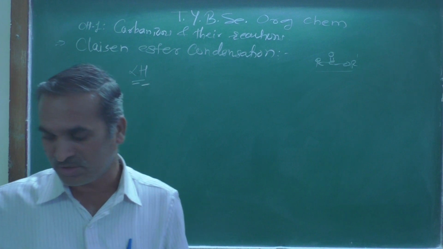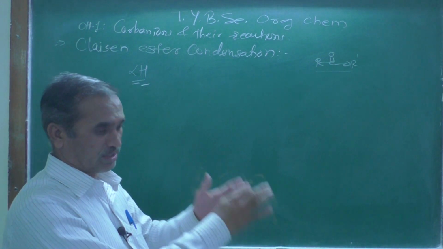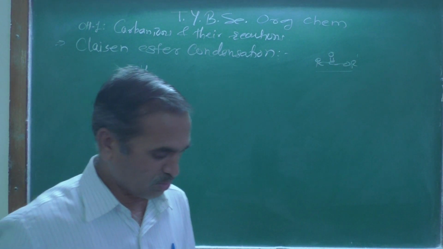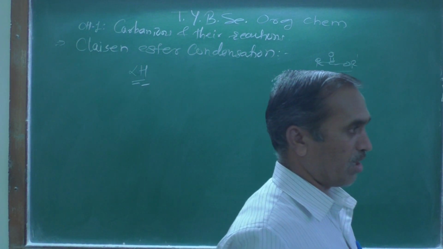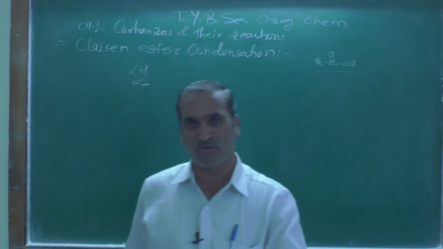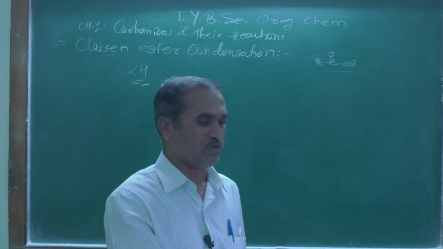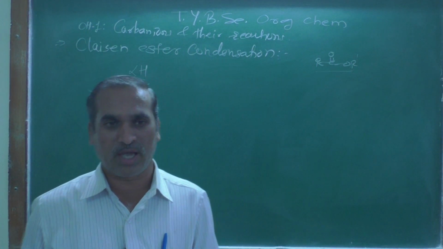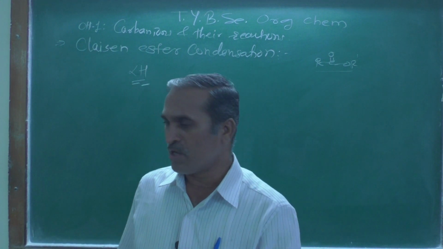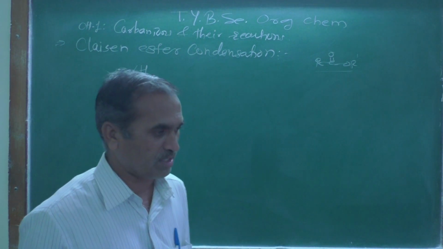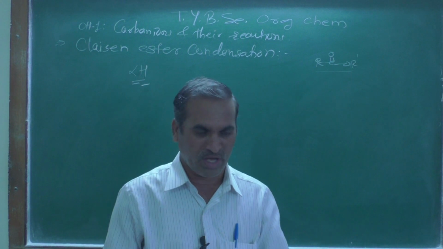Then that reaction takes place, and the resulting compound is acetoacetic ester or beta keto ester, which is very important from the synthetic point of view. A variety of organic compounds we can synthesize by using acetoacetic ester, and therefore it is very important.